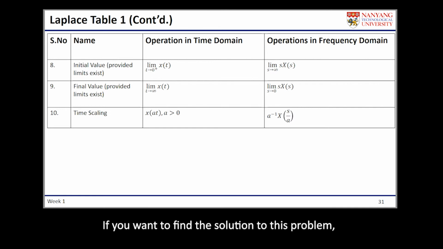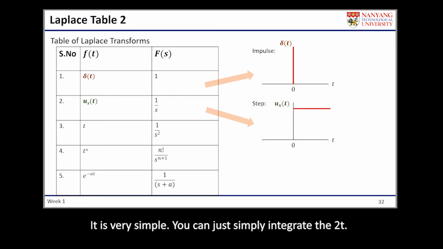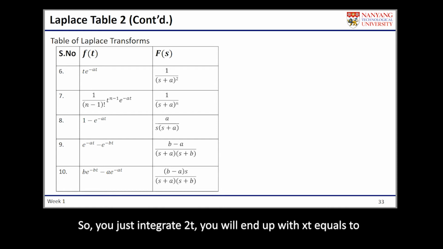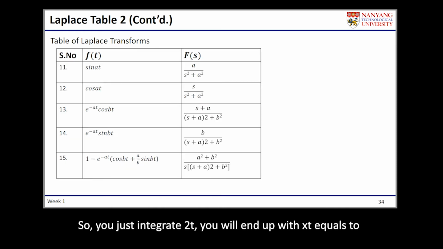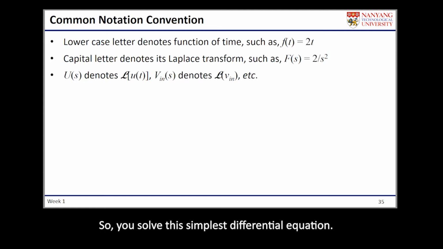If you want to find the solution of this problem, you want to find x(t), it's very simple. You can just simply integrate 2t, and you will end up with x(t) equal to t squared plus a constant. So you solve this simplest differential equation.